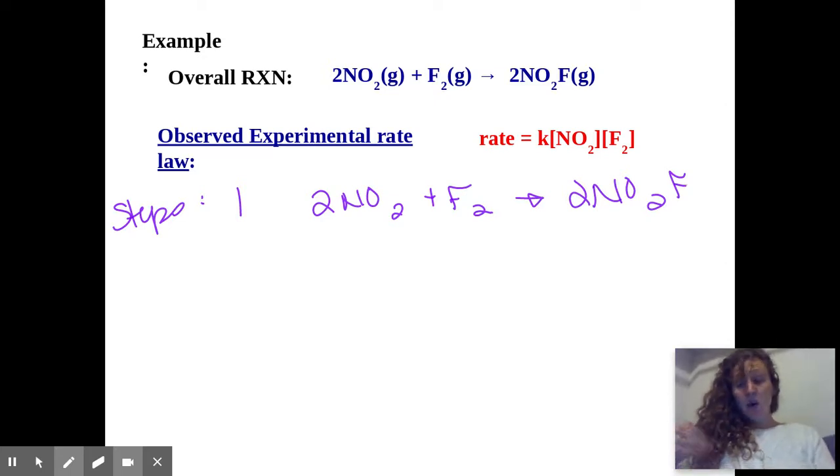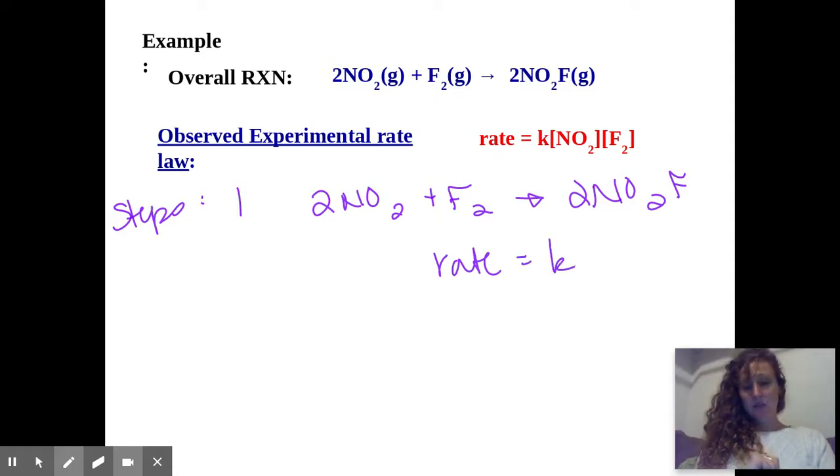Okay, so if that's our only step in the reaction, then we should be able to write a rate law off of this balanced reaction, right? So let's do that. Pause the video here, write the rate law off of this one step in the mechanism, and then see if it matches what I write.